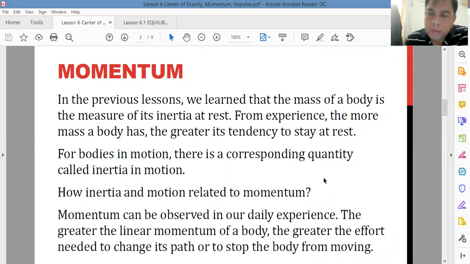Now, other than that, we talk about momentum. The momentum is the product of the mass and the velocity of the body.